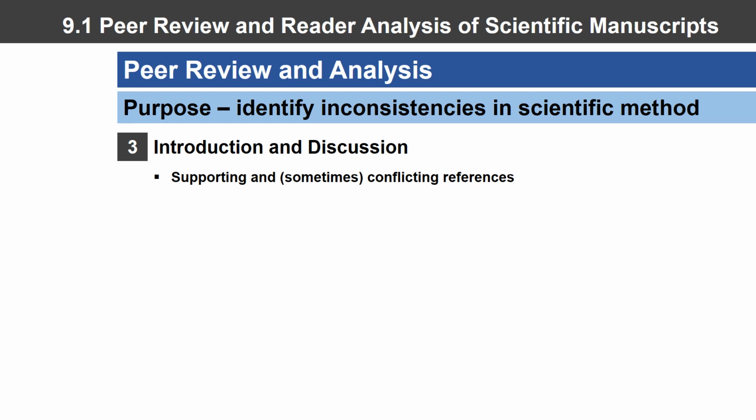that's been established for a particular field. A good introduction and a good discussion have enough references to other works to do that contextualization. You want to make sure you're citing supporting evidence and sometimes conflicting evidence that place your work within the correct context.